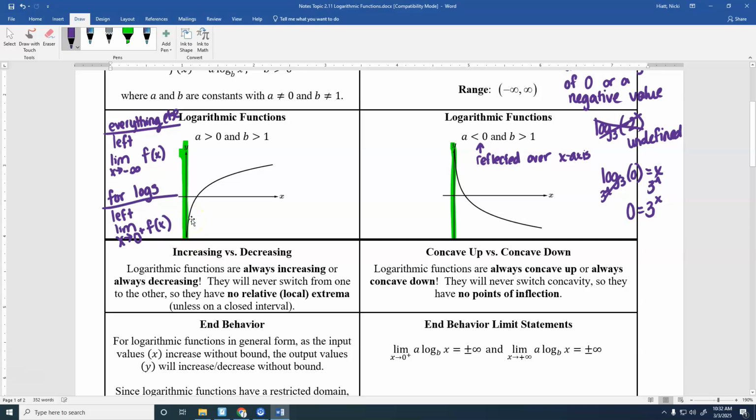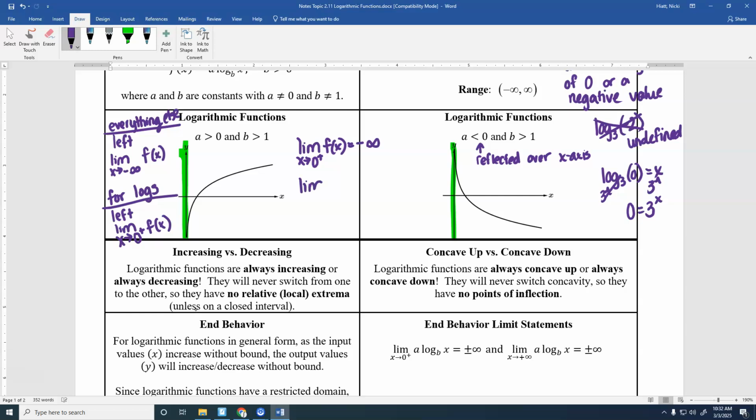So for this graph that we're looking at here, the limit as x approaches 0 from the right of f of x would be what's happening. Remember, limits are always what's happening to your y value. As you approach from the right, what is happening to your y values here? They're going down. So negative infinity would be your answer on the left side.